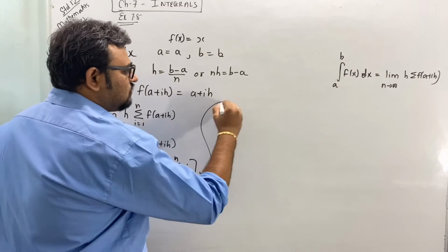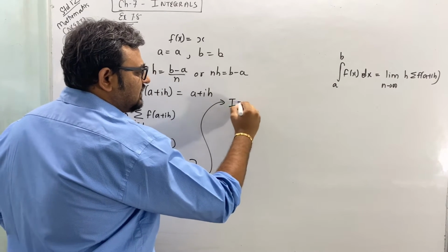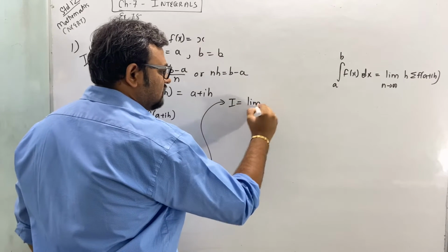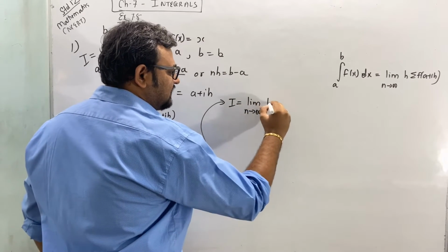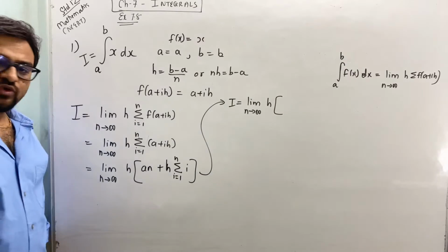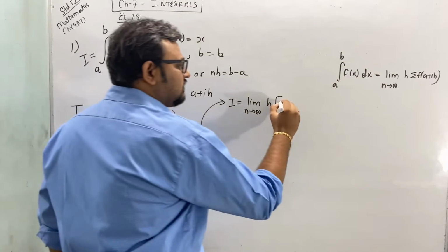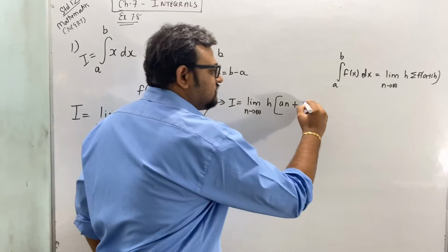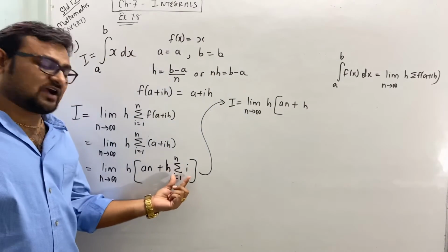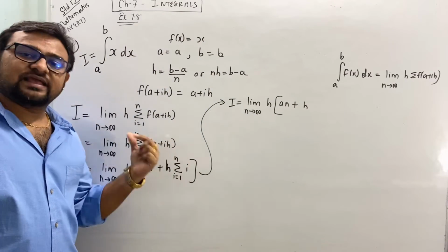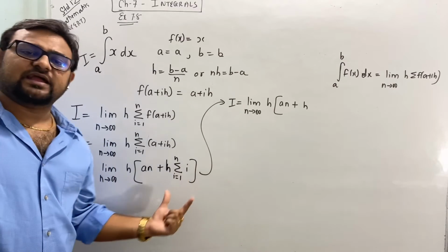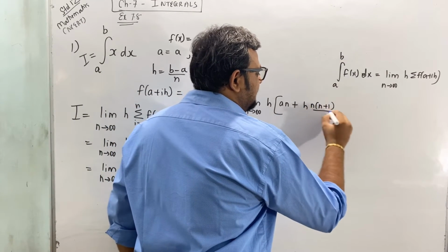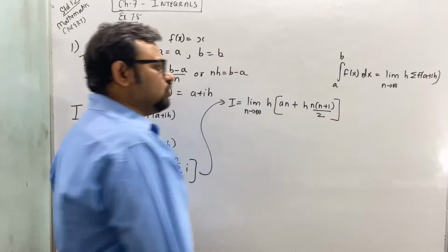So now this will be equal to limit n tends to infinity, an plus h. What is the formula for summation of i, i equal to 1 to n? It is n into n plus 1 by 2.